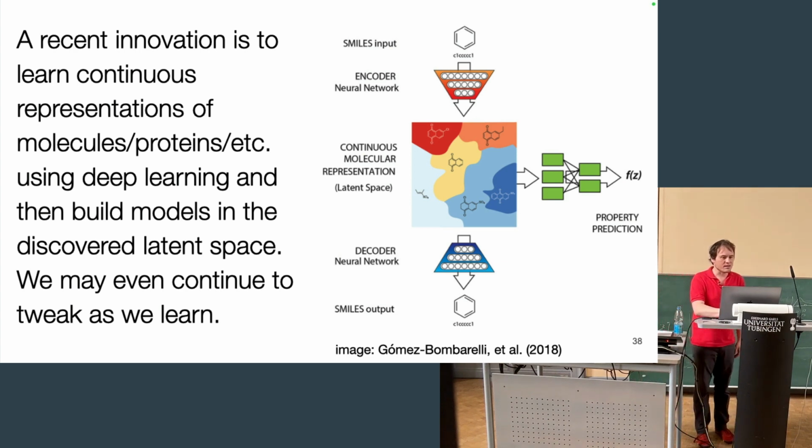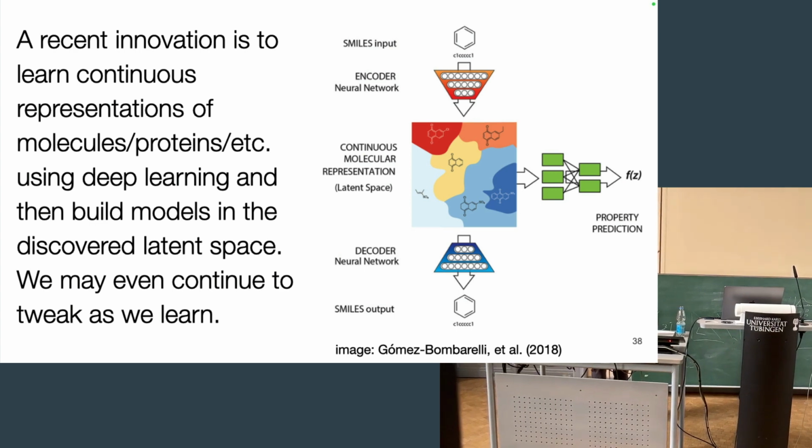There's been a lot of progress in building continuous representations of these discrete design spaces using something like a variational autoencoder or some other neural representation technique that maps you from the discrete space of alternatives to a nice continuous space to work in. And we can do our modeling there.